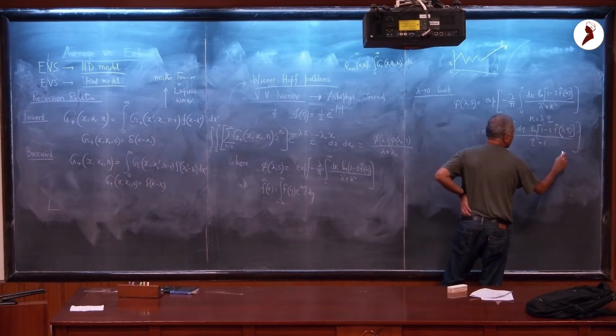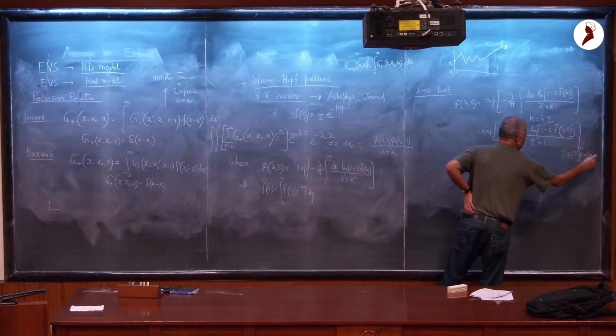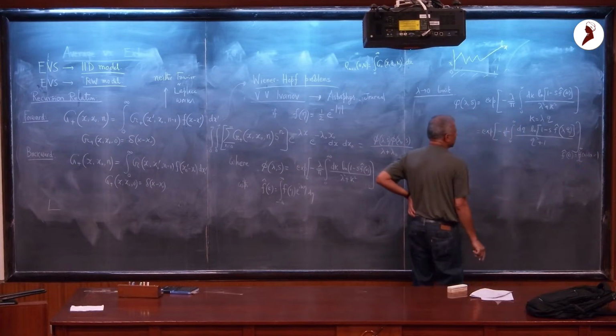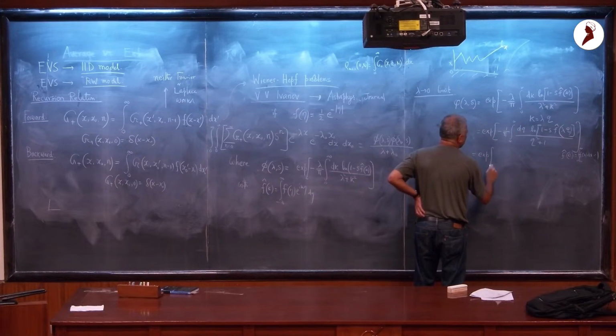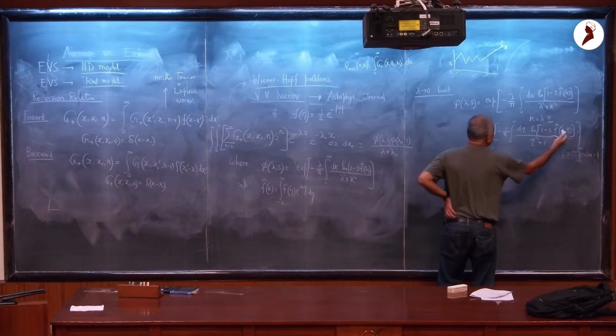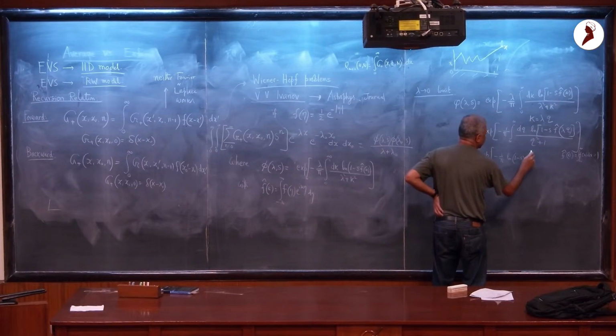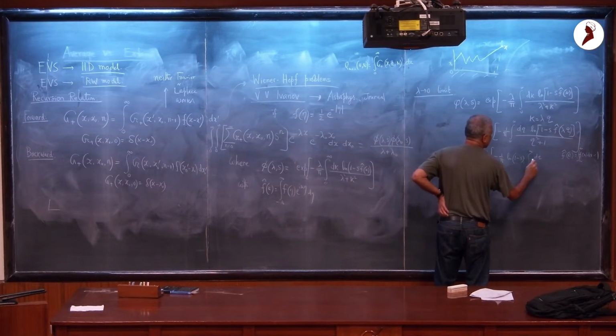Because lambda goes to 0 limit, f hat k is the Fourier transform. That means at k equal to 0 it is just the integral of f(x) dx, which we know is 1 because of normalization. So then what you have is exponential minus 1 over pi log. This becomes independent of q. It just becomes log of 1 minus s. This goes to 1. And what you have is integral dq over q square plus 1.